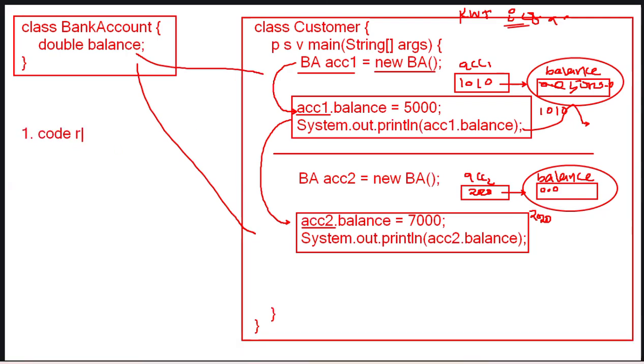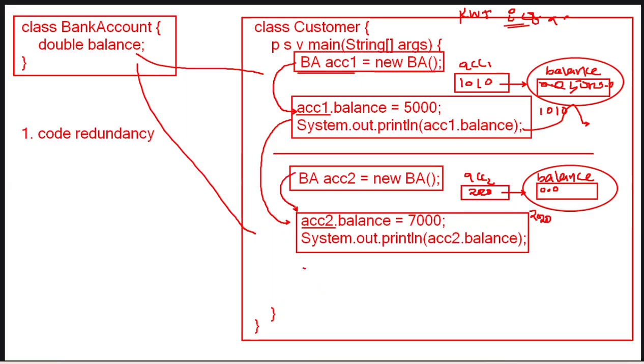Problem number one, code redundancy. As many new objects as you create, that many times you have to repeat this same logic again and again. Problem number two, in future, if you want to make a change, either in this line or in this line, I must make the same change in all places in the project.